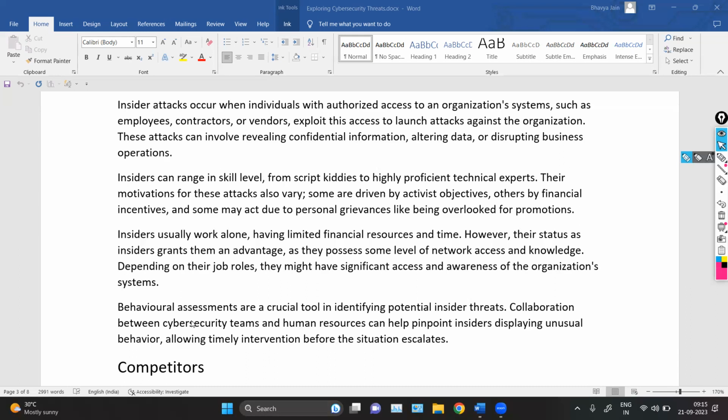For example, if the insider is a database administrator, he or she has higher privileges than anyone else and can gain access into the database easily, because he or she is the database administrator. So it depends on the job role a particular employee performs in the company.